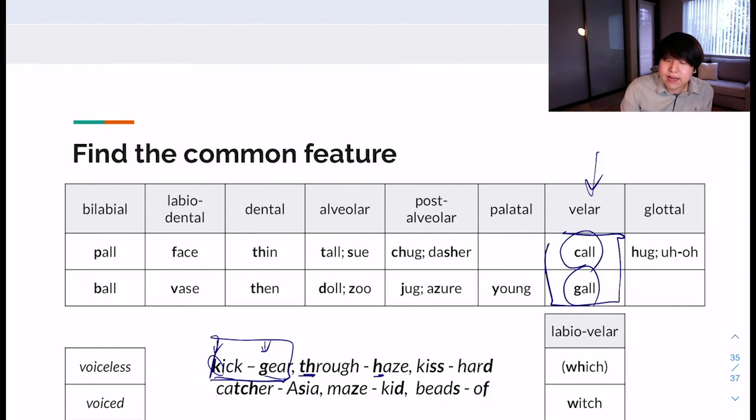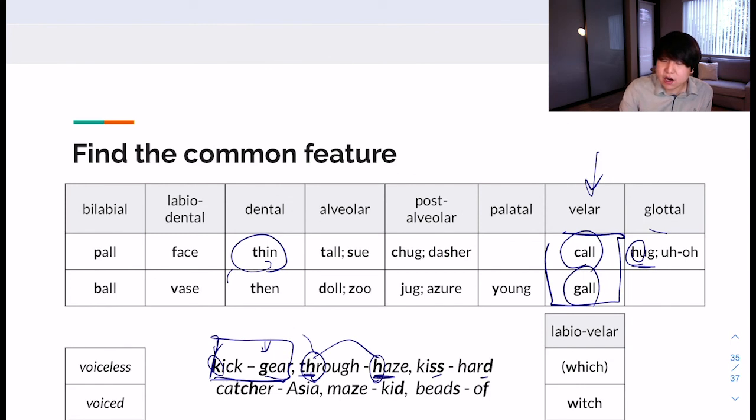Through and haze. Through, th is a voiceless dental sound, th as in thin. Haze, h is as in hug, which is a voiceless glottal. So they don't have the same place of articulation, but they are both voiceless consonants.